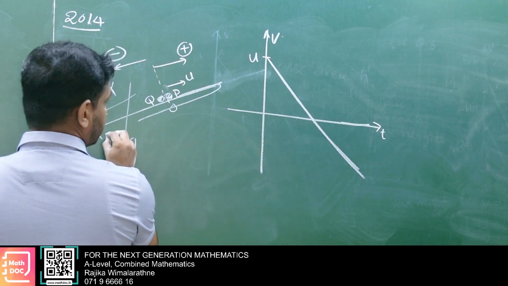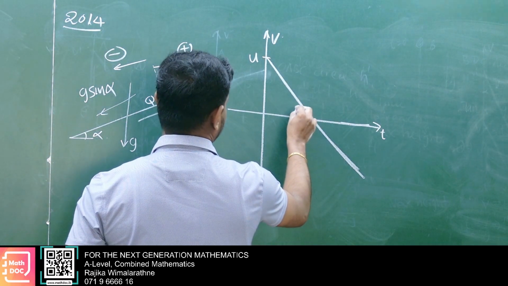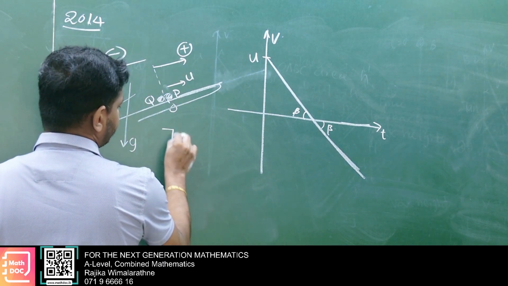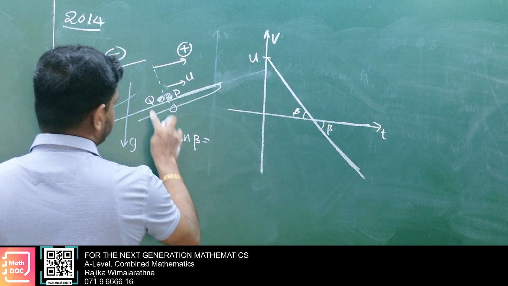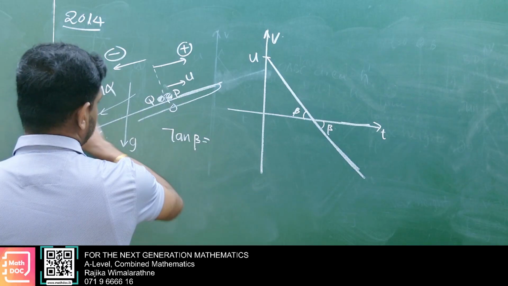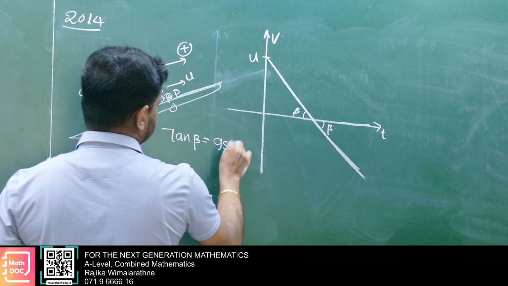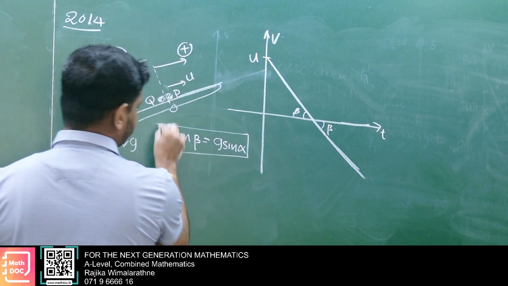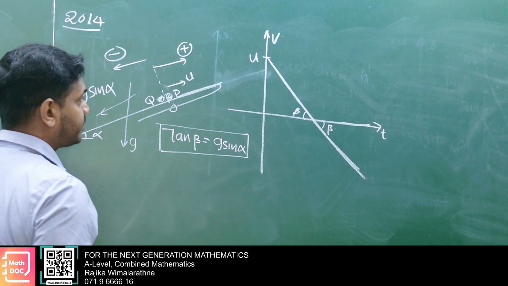Then, with alpha given, take another angle beta here. We know the value of tan beta: the acceleration downward is g sine alpha, that is f.